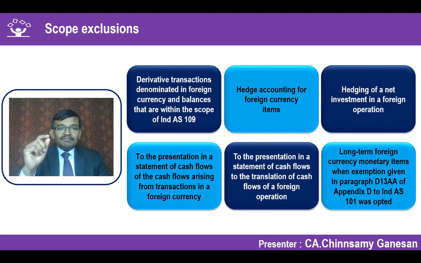You may recollect paragraph 46 and 46A of AS 11 says, at the option of the entity, if there is a foreign currency gain or loss with respect to long-term foreign currency monetary items, it can be carried forward and amortized over the repayment period of that long-term foreign currency monetary liability, assuming that that foreign currency liability has been taken for other than a depreciable asset.